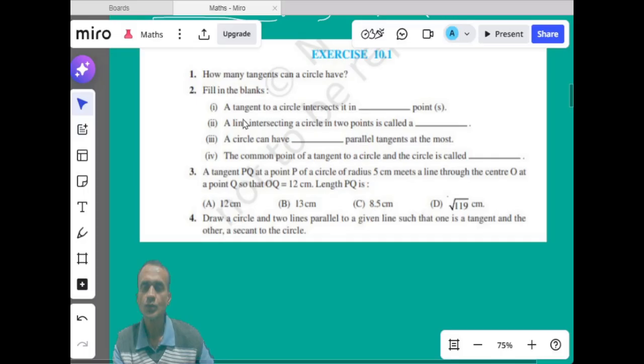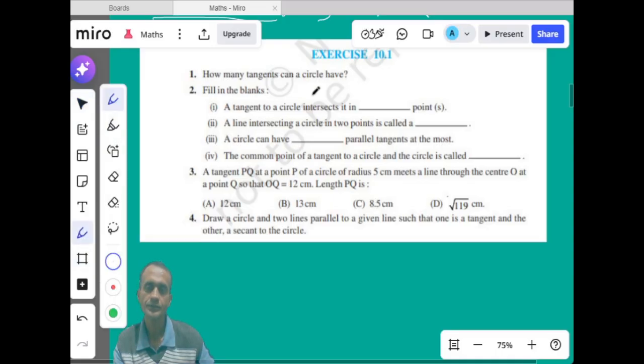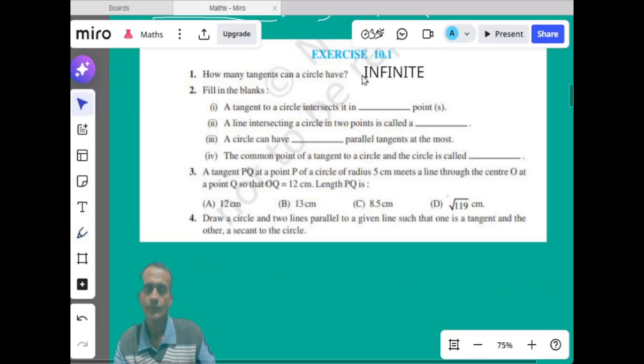So we go to exercise 10.1. The question is how many tangents can a circle have? So what do you think the answer could be? It is infinite, of course. Why?